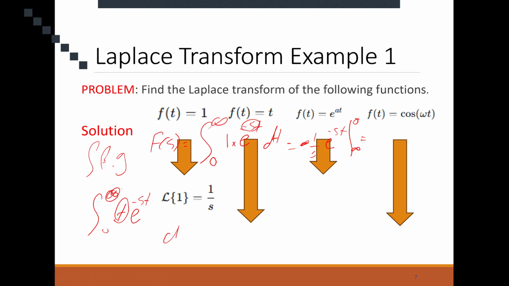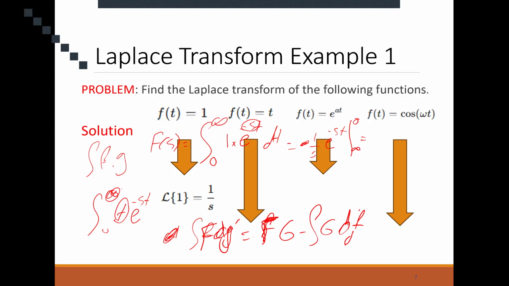The uv formula: the integral of f dg is equal to fg minus the integral of g df.